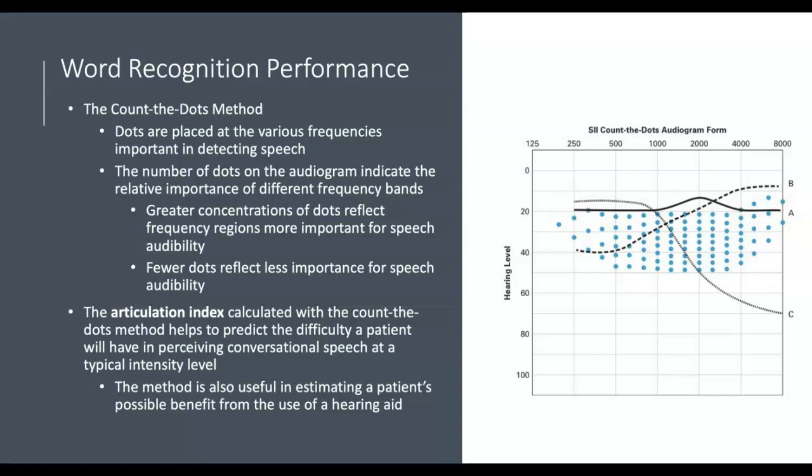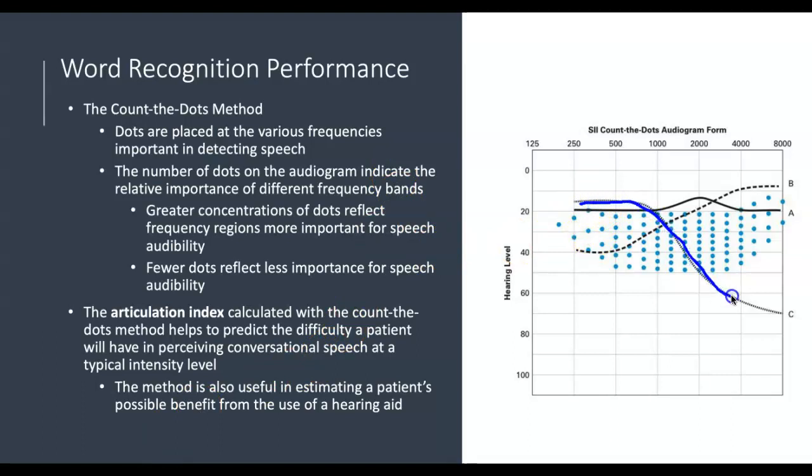And each one of those blue dots represents 1% of intelligibility, okay? So there's 100 dots, okay? What we do is we will do a hearing test and we will draw their audiogram on the Count the Dots audiogram, okay? Let's use this one for example.